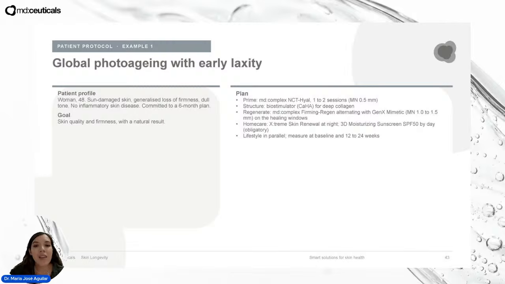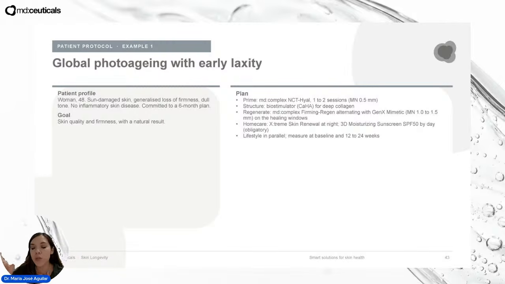In this case, the regeneration treatment needs to go deeper. As you can see, the best results that we can find in microneedling are between 1.5 and 0.5 minimum. So if we want a treatment that gives us a really good result, the best way is to work between these ranges.